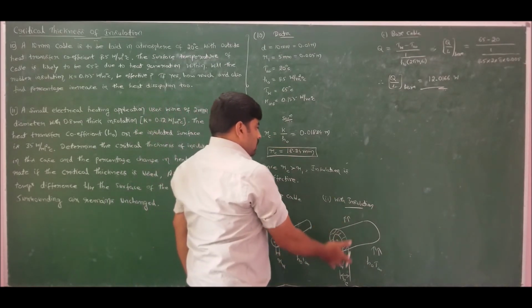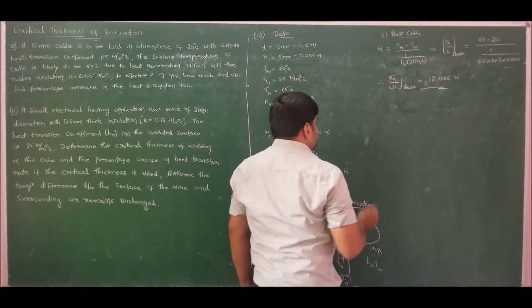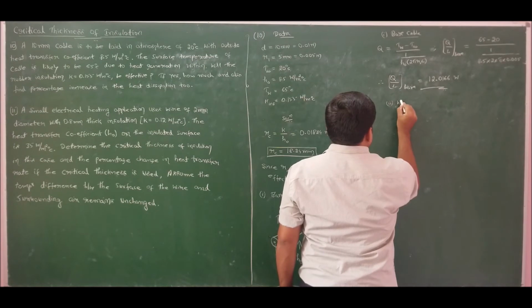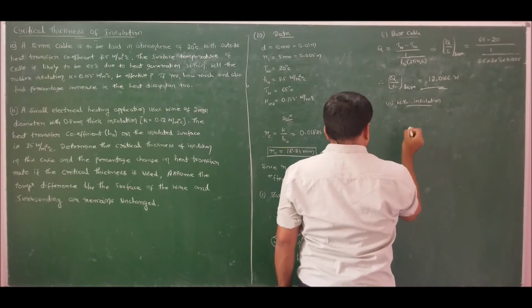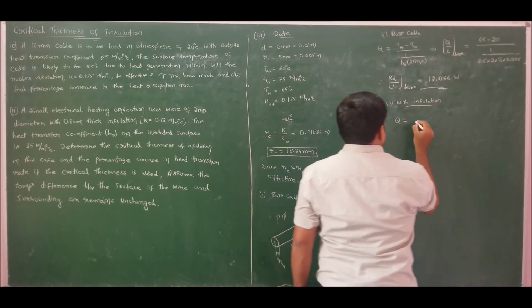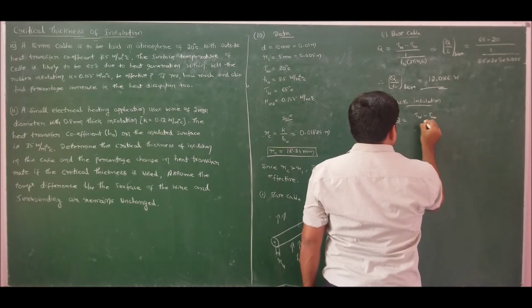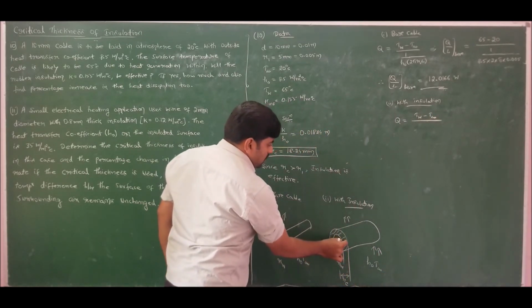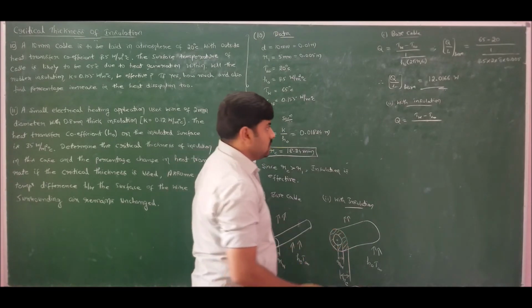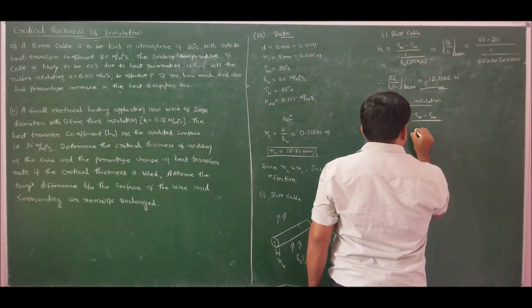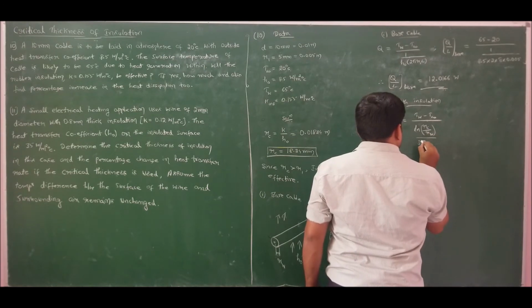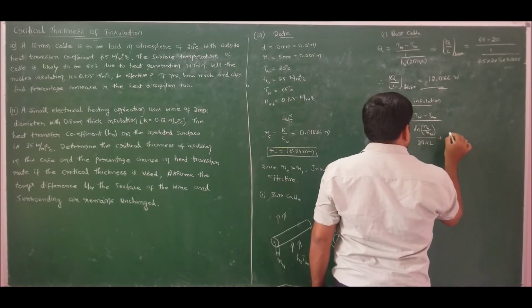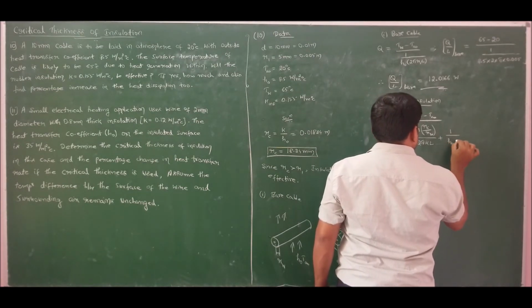Now let us verify how much is the heat dissipation with the help of insulation. If I go for the case with insulation, the rate of loss is given by temperature of wire minus ambient temperature. For this case, the resistance is because of conduction and also because of convection. Hence, we have conduction resistance, that is ln of Rc by R1, or radius of wire, divided by 2 pi KL, plus convection, which is 1 by h0.